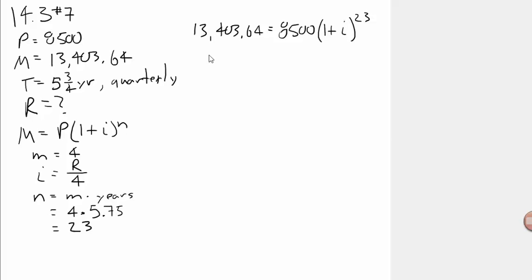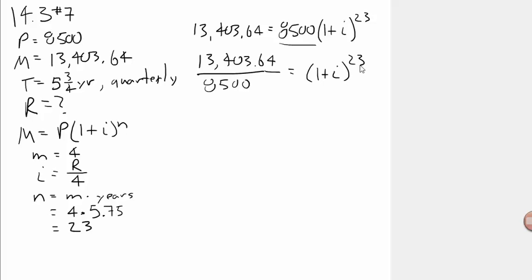We can do a little bit of simplifying. I'm going to divide both sides by 8,500 to begin. The 8,500 goes away on that other side, and we're left with 1 plus I to the 23rd.